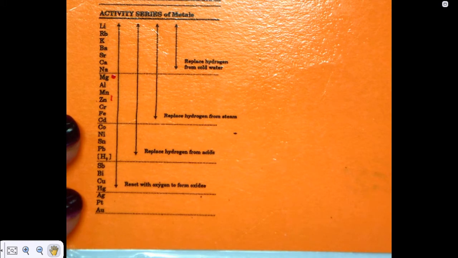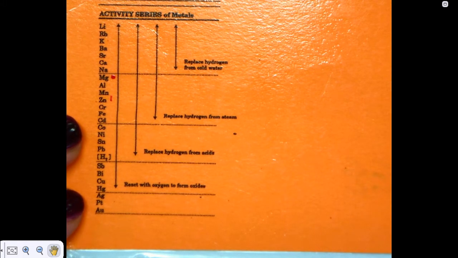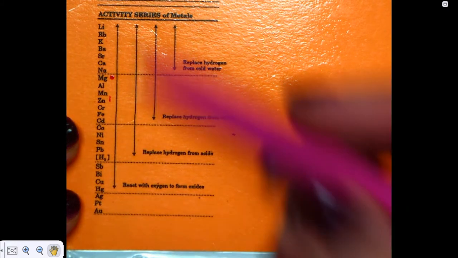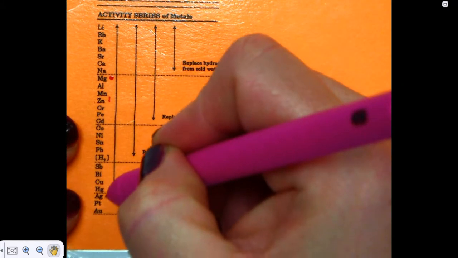I would be really upset if I was doing a reaction and all of the gold in my wedding ring just up and left, went and paired with something else. So the reason we use these metals in particular for jewelry making is because they're not very chemically reactive. Fun facts.